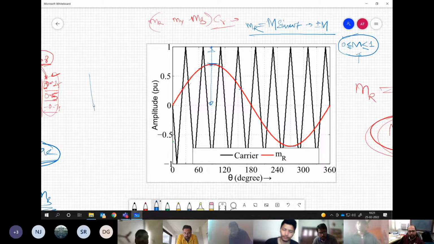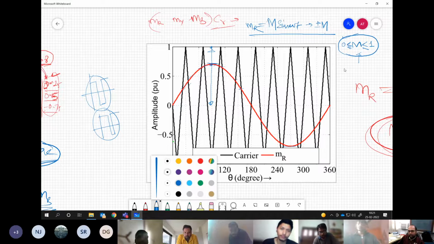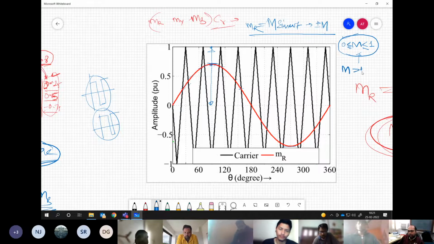Which means effectively you are generating pulses. You are having PWM pulses like this, or it may be like this, but you have pulses everywhere. Correct? Comparison is happening everywhere. But let us say for some reason you try to cross this boundary, m greater than 1. Say m becomes 1.2. What will happen?